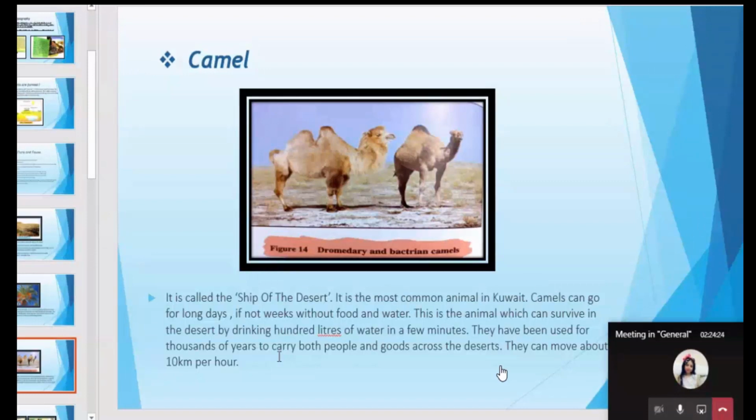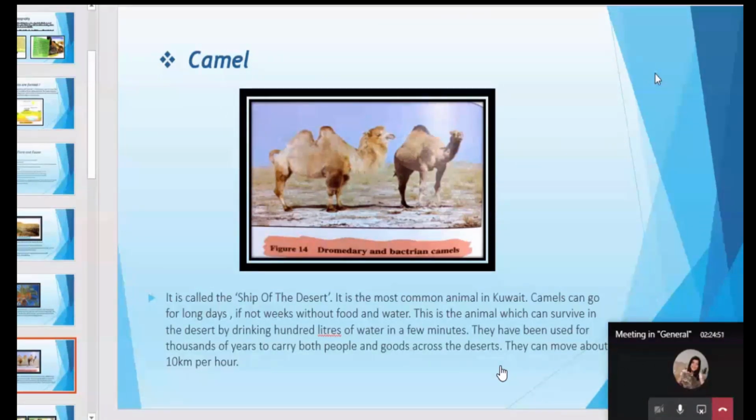Okay, children? Once again, it is called the sheep of the desert. It is a common animal in Kuwait. Camels can go for long days or weeks without food and water. Now this is the animal which can survive in the desert. How many liters of water does it drink in a few minutes? 100 liters. Yes, very good. 100 liters of water in a very few minutes.